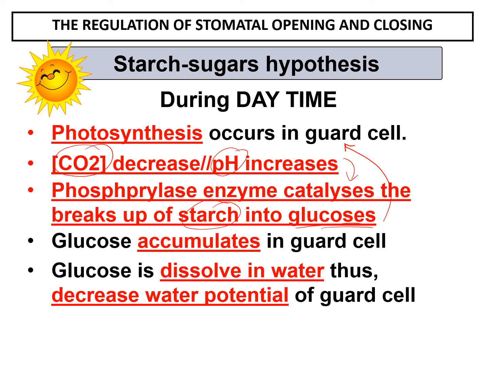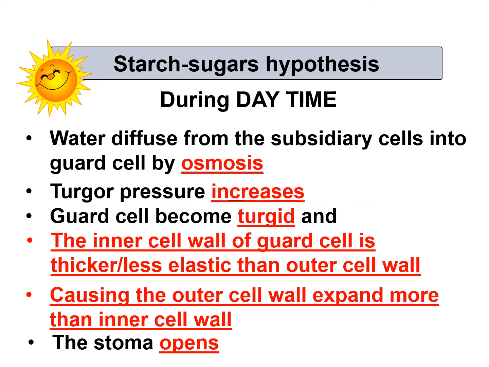Adding up with the production of glucose from the photosynthesis, glucose is accumulated in the guard cell, thus the accumulation will further decrease the water potential because glucose will dissolve in water. So the guard cell will have lower water potential than the subsidiary cells, causing water from the subsidiary cells to move into the guard cells by osmosis.